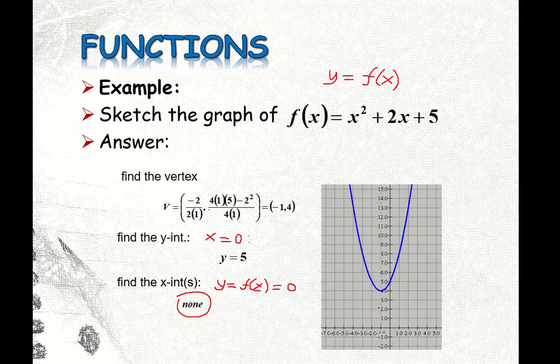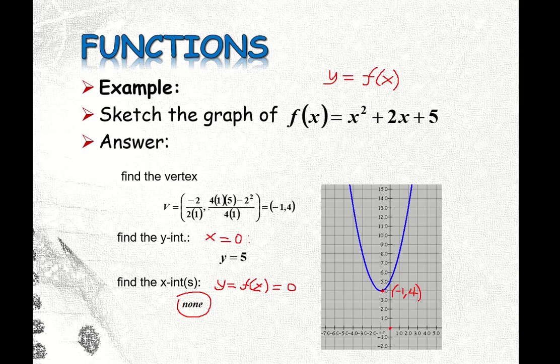We have the vertex, that is negative 1, 4. From the origin 0, 0, you move negative 1, so to the left. Then 4, you move 4 units up, 1, 2, 3, 4. So this is the vertex, and the coordinates of the vertex are negative 1, 4.